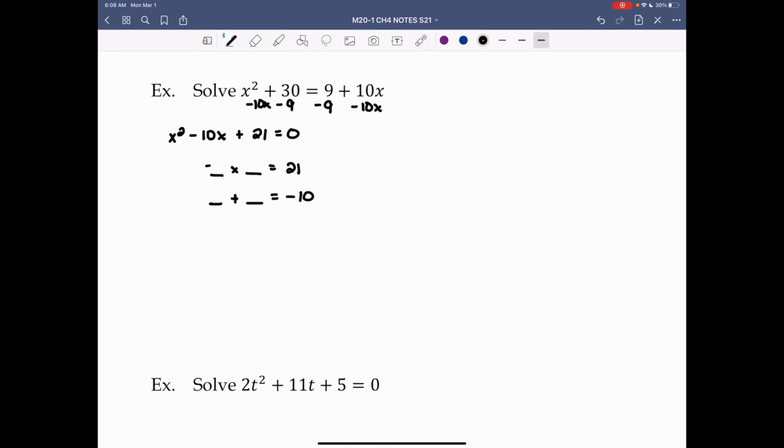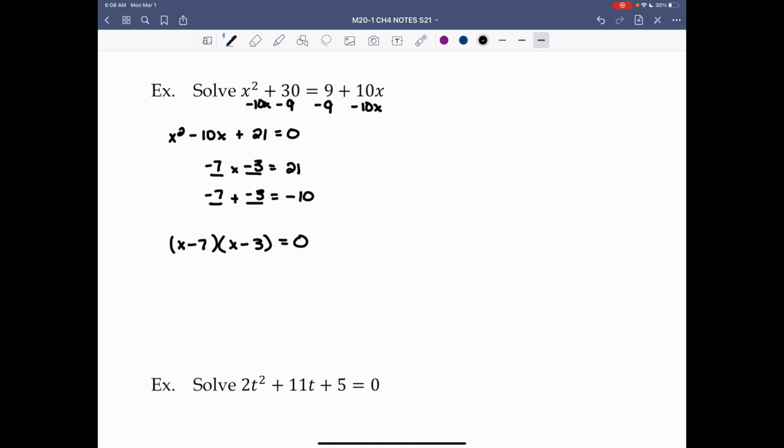That would be negative 7 and negative 3. Because it's a basic trinomial, we can go right to our two binomials. We get x minus 7 times x minus 3 equals 0.